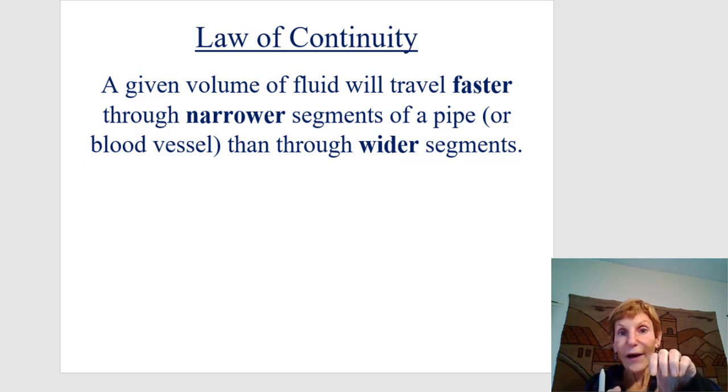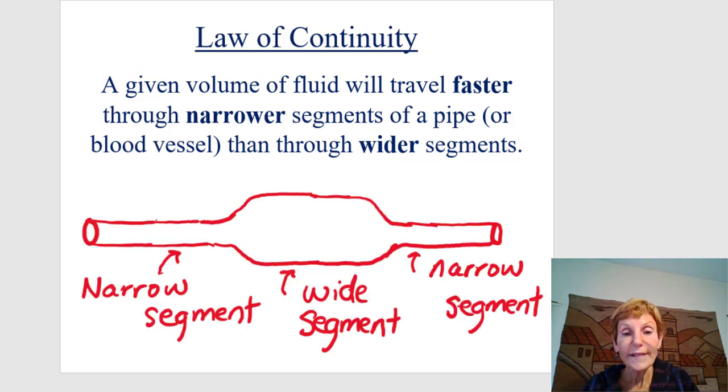Okay, so how does this work? Well, let me show you. Let's say you have a blood vessel, or a pipe, or a hose would be even better. And you have a narrow segment, and a certain amount of fluid is coming through here. You're not reducing the amount, you're not increasing the amount, you just have a set amount of fluid, and it has to go through.